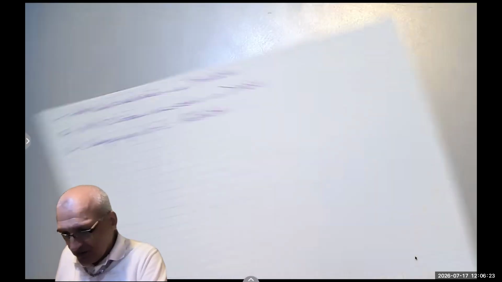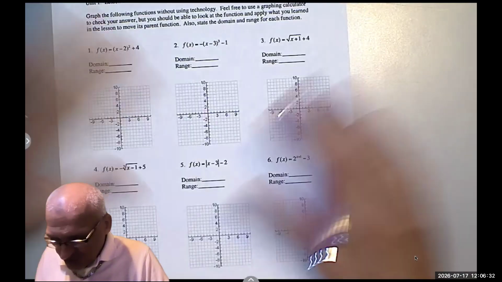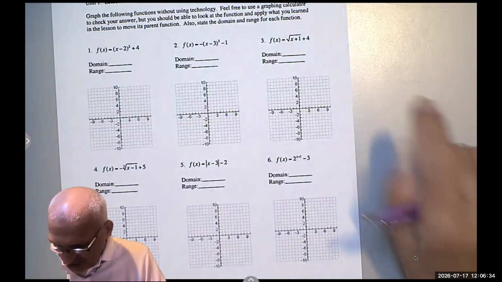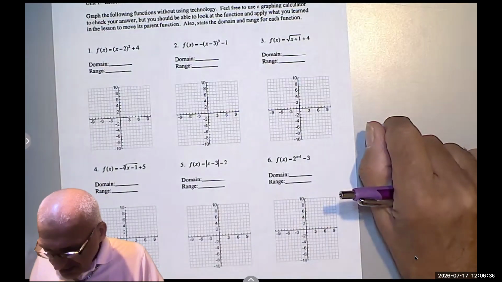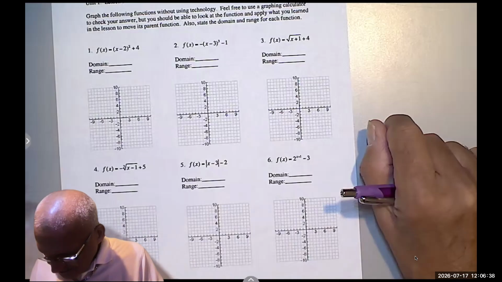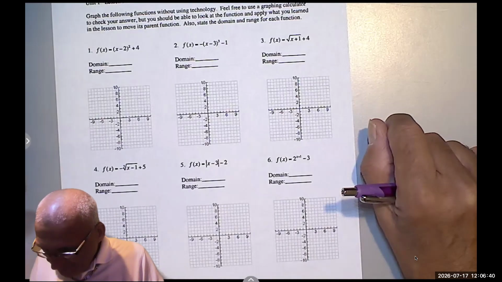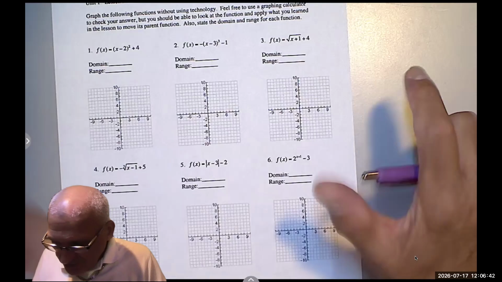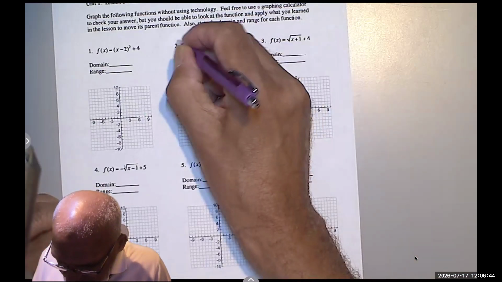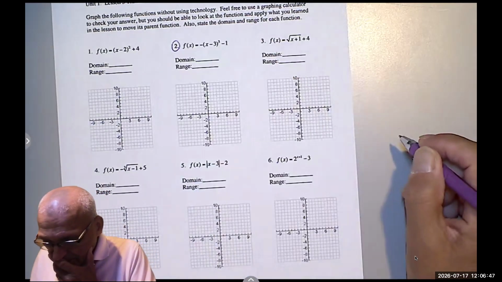So let's start. Here I have 6 problems, but I have a few more on the next page, so I'm not going to do all of them. I think the nice ones. I will do number 2 for a reason. You will see it.